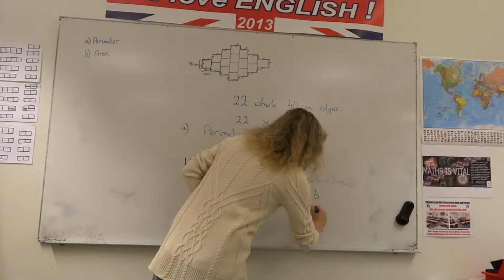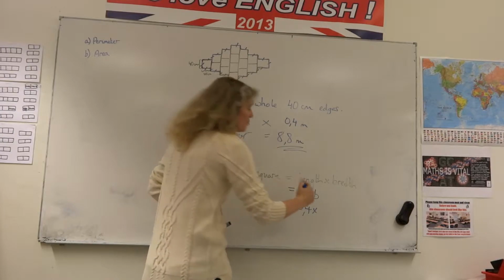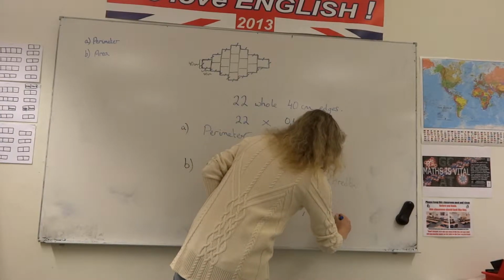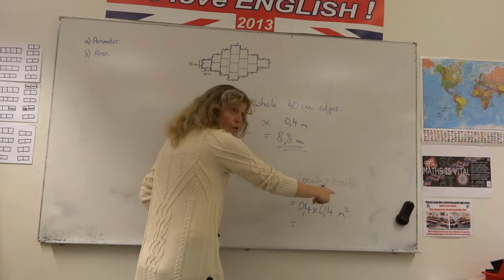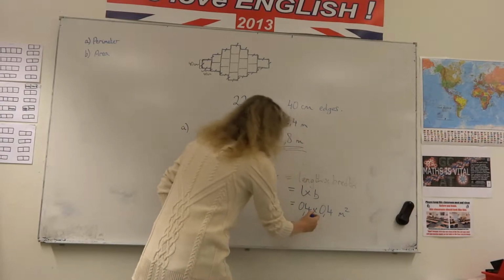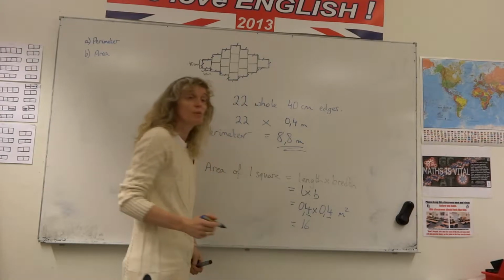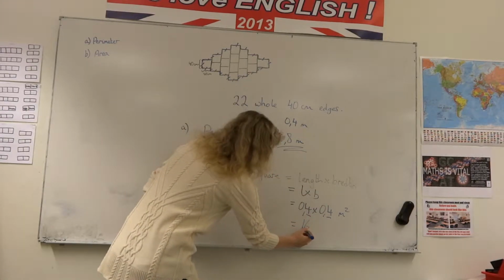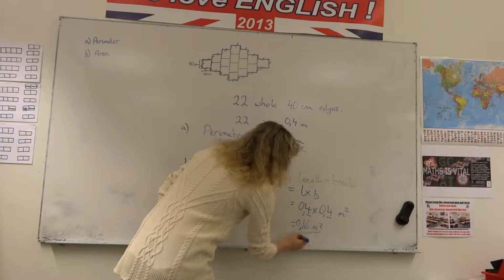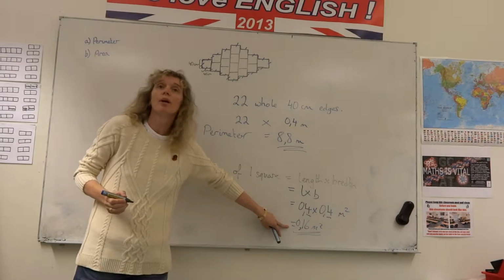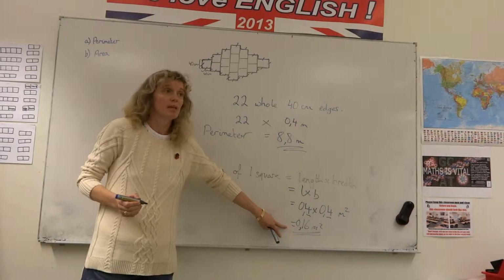The length is 0.4 meters and the breadth is 0.4 meters. 0.4 times 0.4, 4 fours are 16. But I have two numbers here after the decimal place, so I put the decimal point 2 places back. So my area of one tile is 0.16 meters squared.